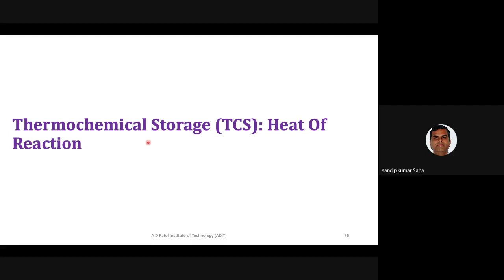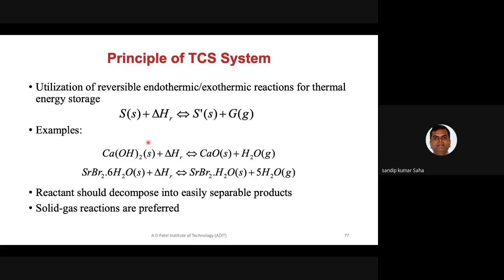That type of equations or chemical reactions we will use. The principle of thermochemical storage is that you will have some type of reactions, endothermic, exothermic, which we know from our 6th or 7th standard chemistry book, and we know what the heat generation will be. That will be our motivation to store energy.